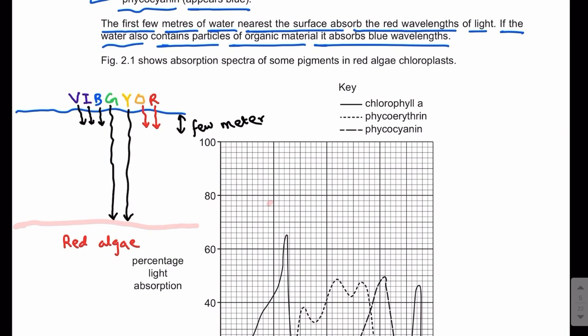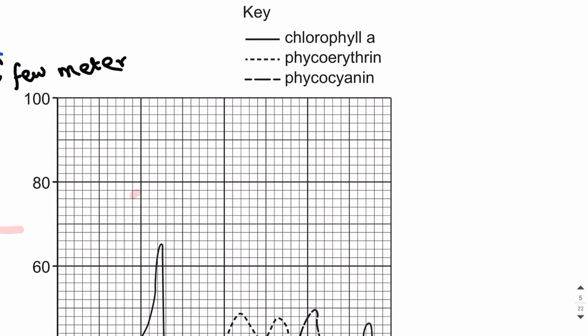Okay, let's further read the question. Figure 2.1 shows absorption spectra of some pigments in the red algae chloroplasts. So guys, we can see that red algae chloroplasts contain chlorophyll A, which is the primary pigment, phycoerythrin, and phycocyanin.